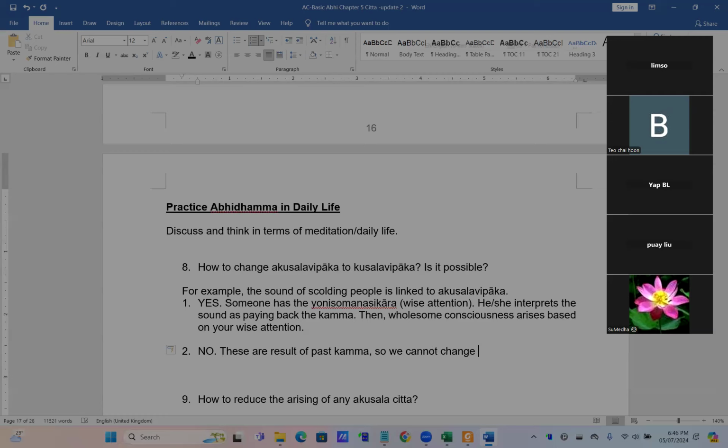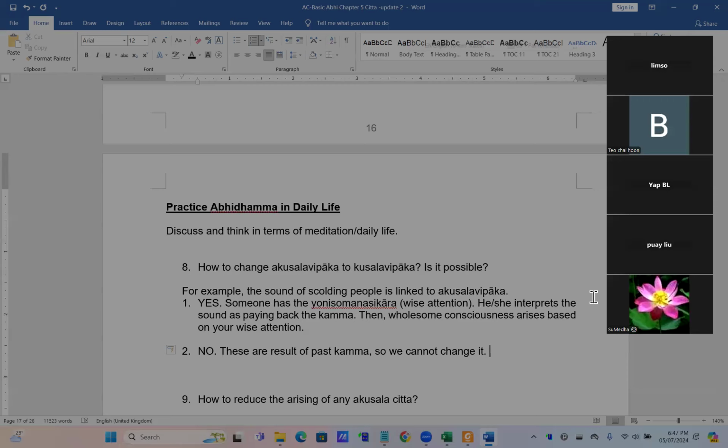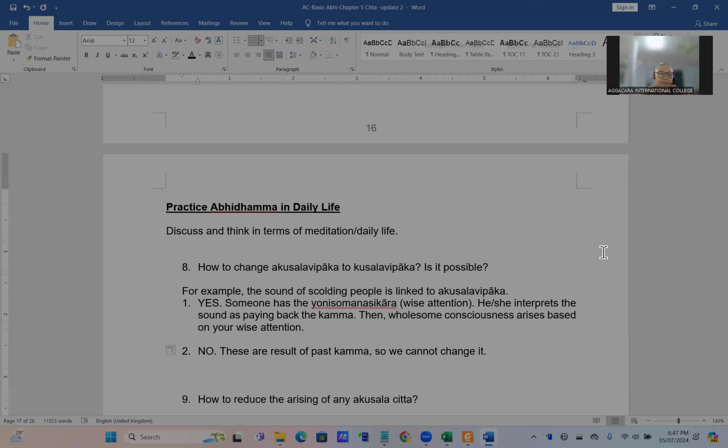He looked from the Abhidhamma point of view. Yes, we definitely cannot change what is fixed already, because these are results, vipaka.